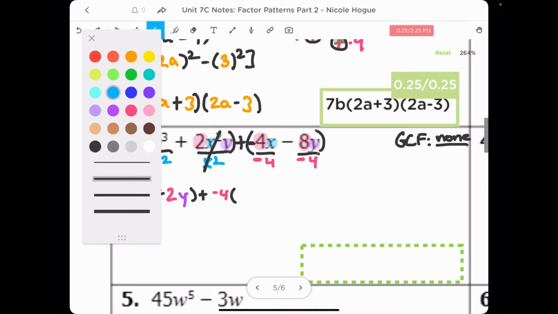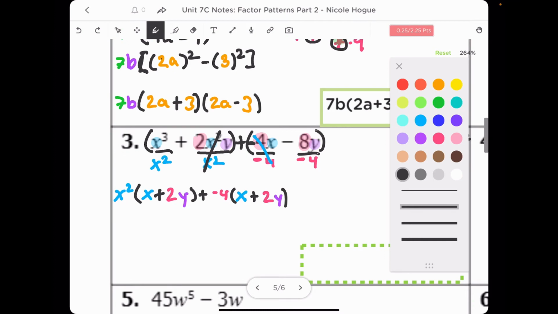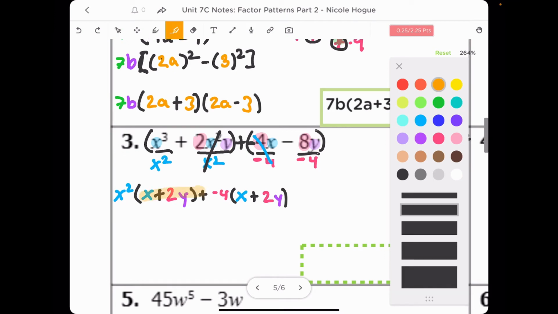That leaves us with x plus 2y, because negative 8y divided by negative 4 is positive 2y. You will notice that we have x plus 2y and x plus 2y.